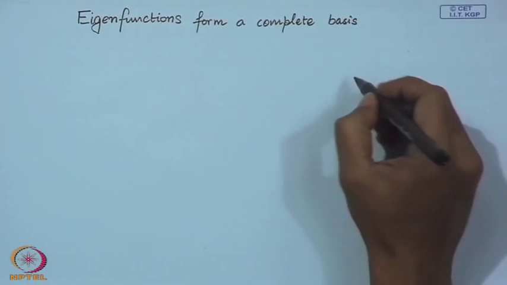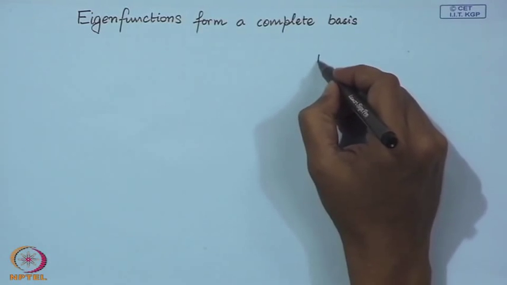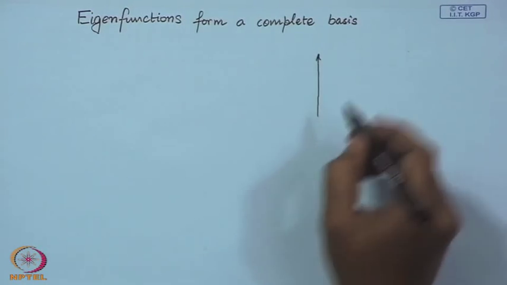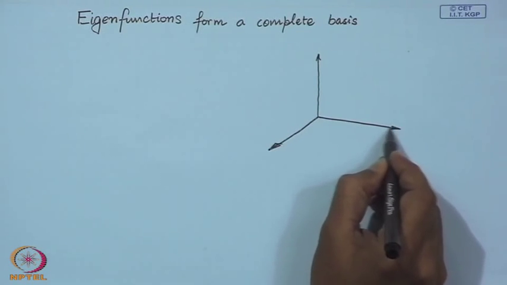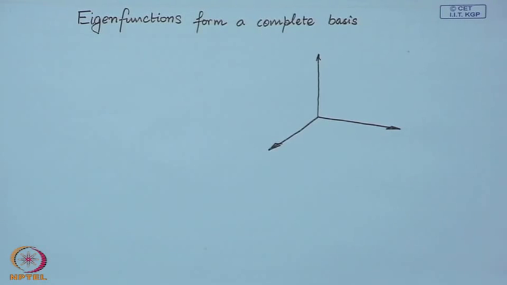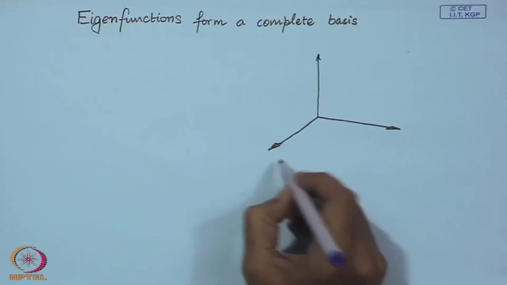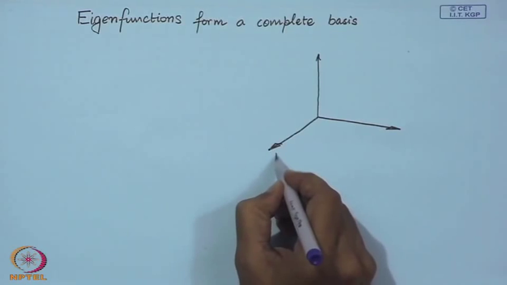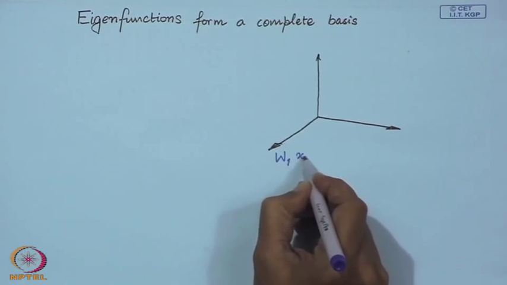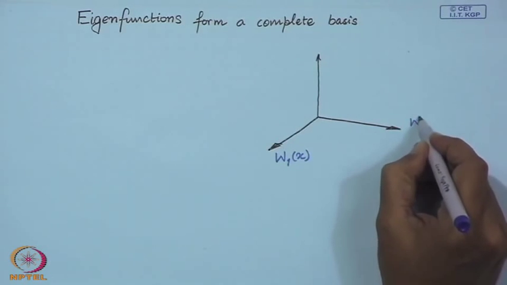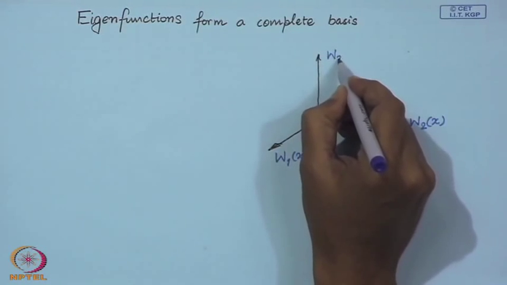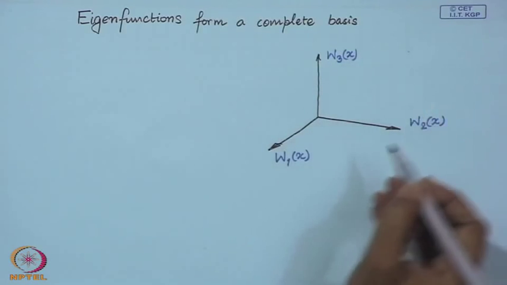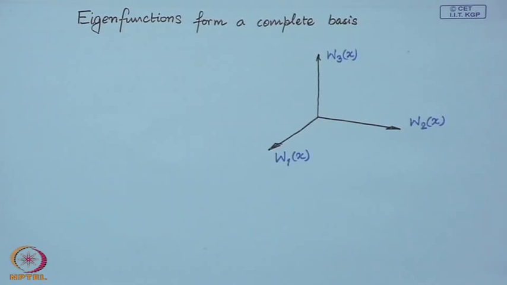Suppose we have these eigenfunctions. There are infinitely many eigenfunctions, as we have seen.